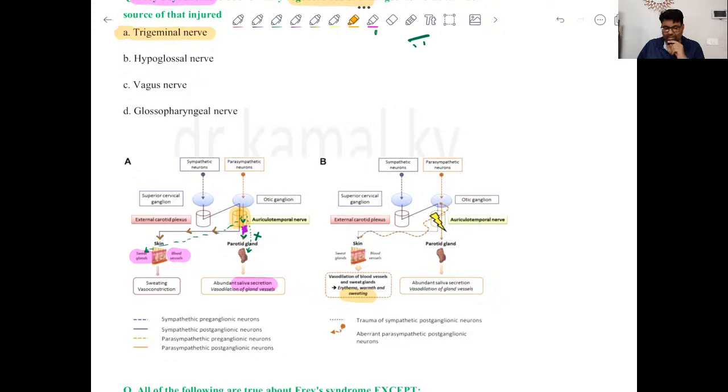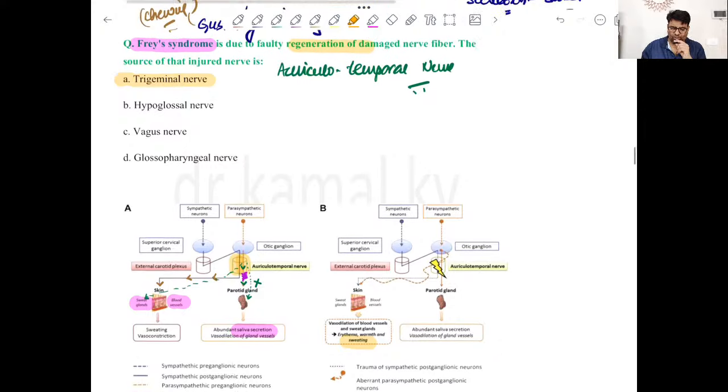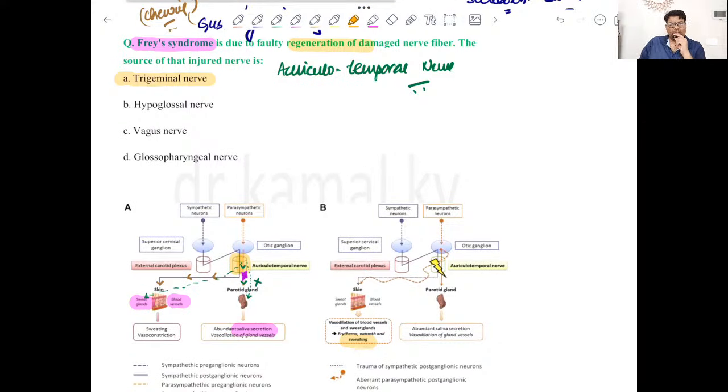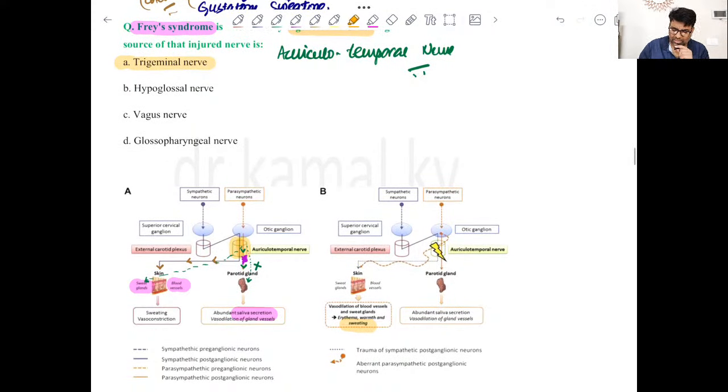So this is gustatory sweating, and a beautiful concept of Frey syndrome because of faulty regeneration of the auriculotemporal nerve, which is a branch of the trigeminal nerve, right, or cranial nerve 5, right?